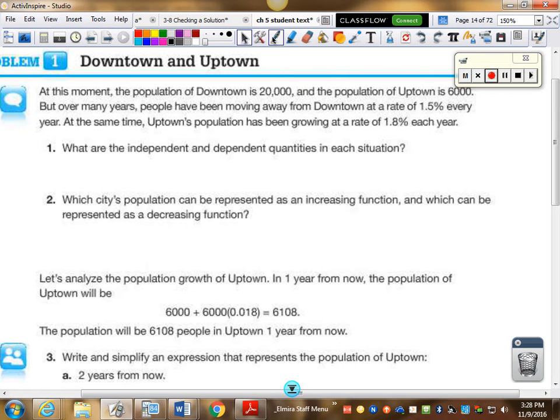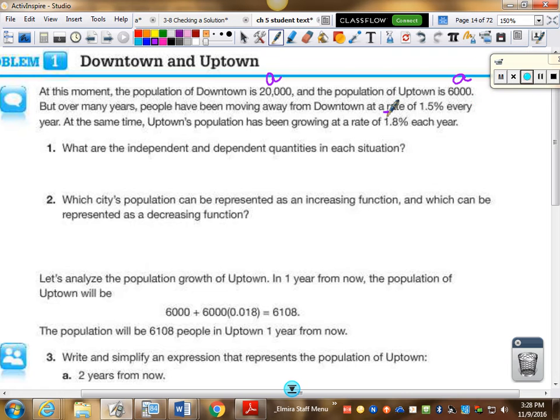So let's pull some things out. First of all, 20,000 is my starting amount. That's my A for downtown. My starting amount for uptown is 6,000. We're going to be writing two different functions.